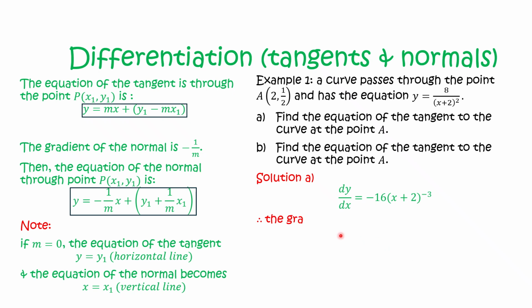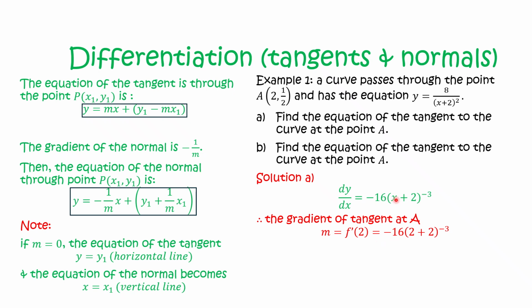Great then. Now that we have our gradient function, this means that we can find our gradient at the point A. We know the x-coordinate of the point A, which was 2. All we have to do is substitute 2 for x, implying that our m is equal to f prime of 2.